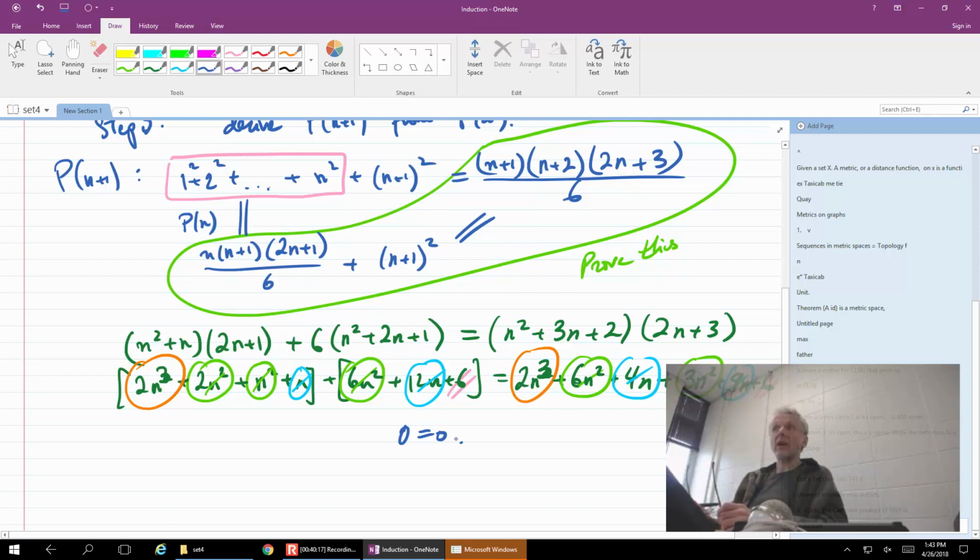You started with a statement, went through logical steps, going from left to right, and the conclusion is 0 is equal to 0. What does it prove? Starting with statement A, then B and C, you follow your logic, and then you arrive at a conclusion 0 equal to 0. So thus, Bn equals Bn plus 1.